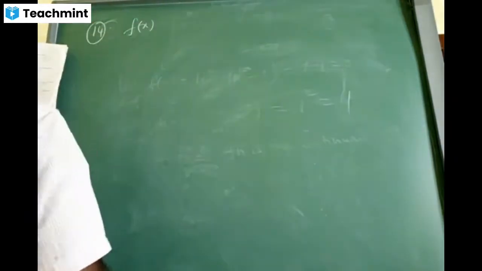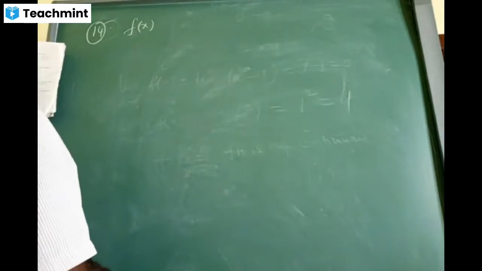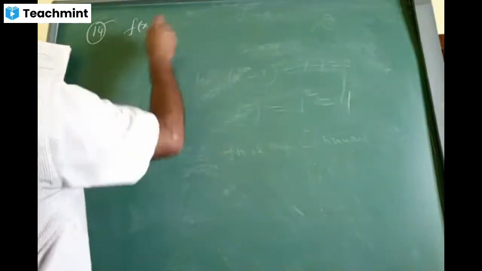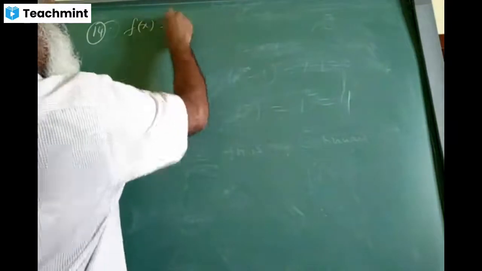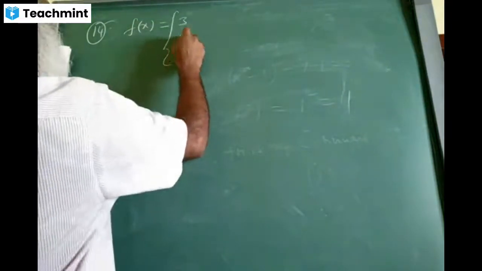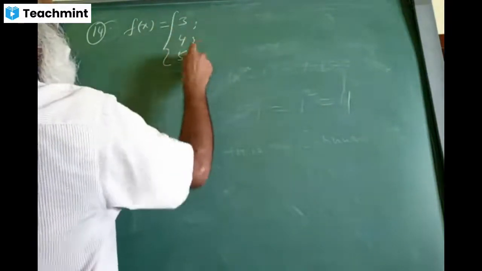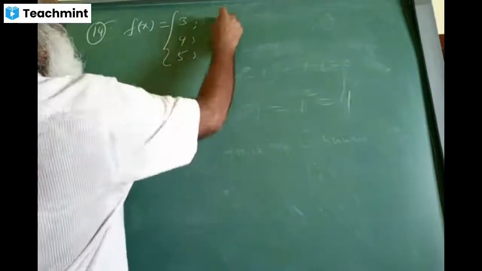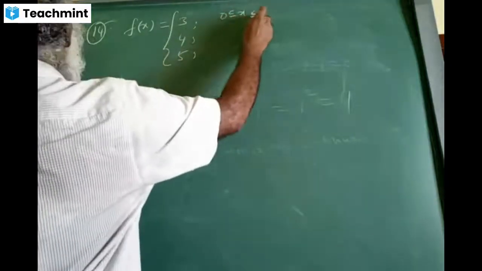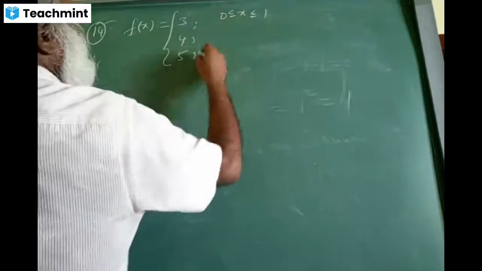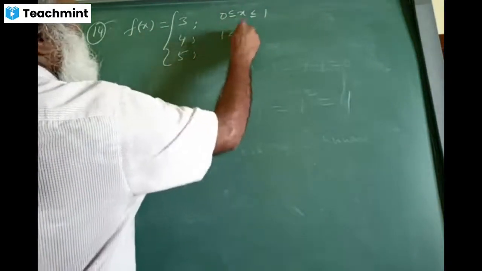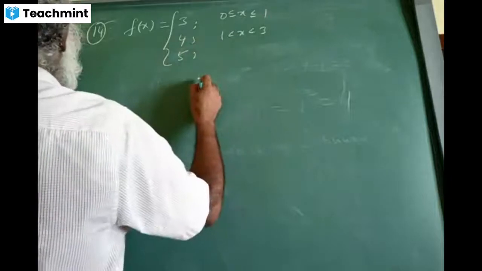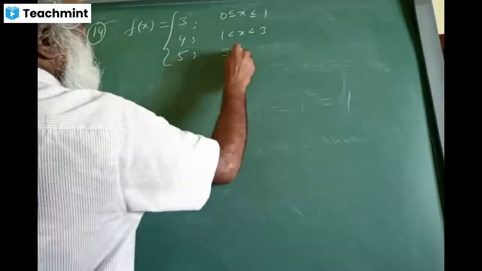Discuss the continuity of the function f where f is defined by: f of x equal to 3, f of x equal to 4, and 5, for 0 less than x and less than or equal to 1, between 1 and 3, and 3 to 10.